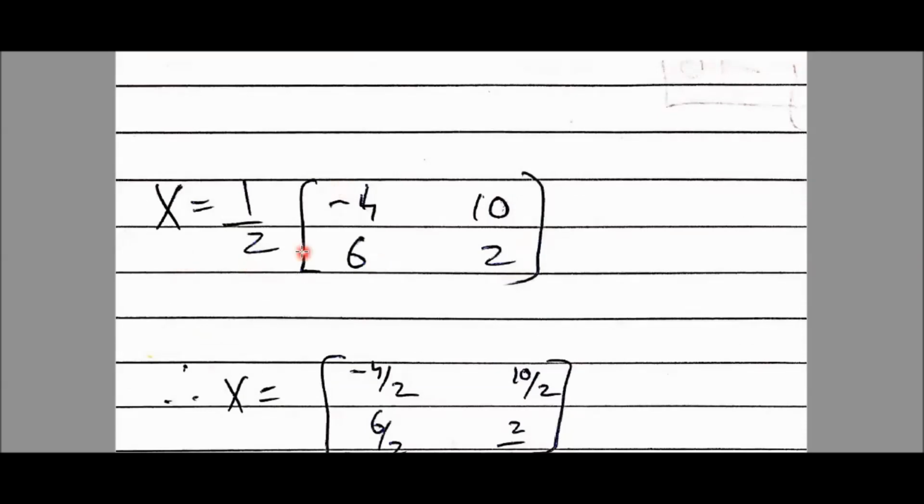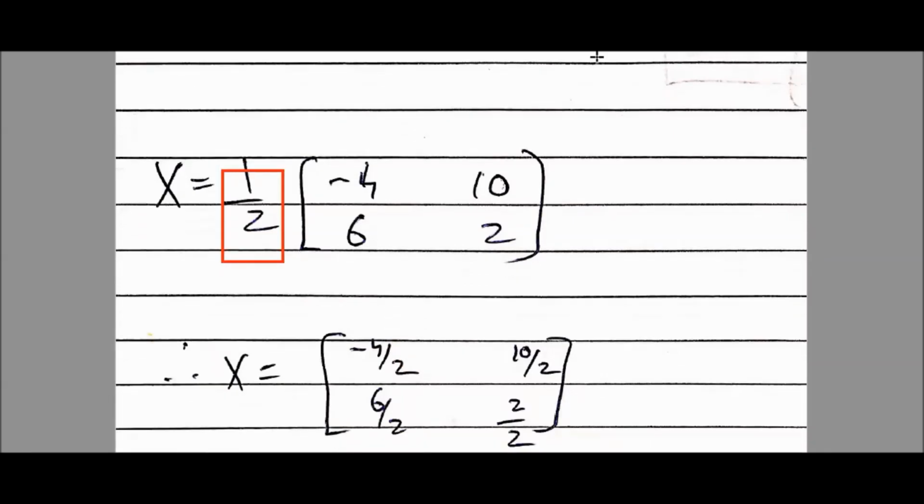Now, students, this half will be multiplied with each and every element. So half into minus 4 becomes minus 4 upon 2. Similarly, half into 10 becomes 10 upon 2, half into 6 becomes 6 upon 2, half into 2 becomes 2 upon 2.